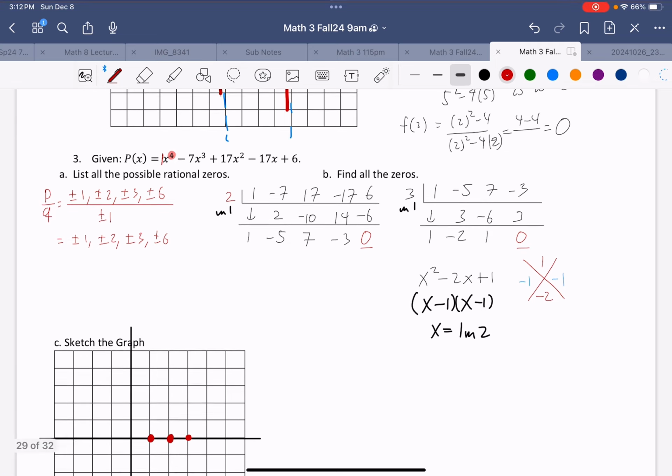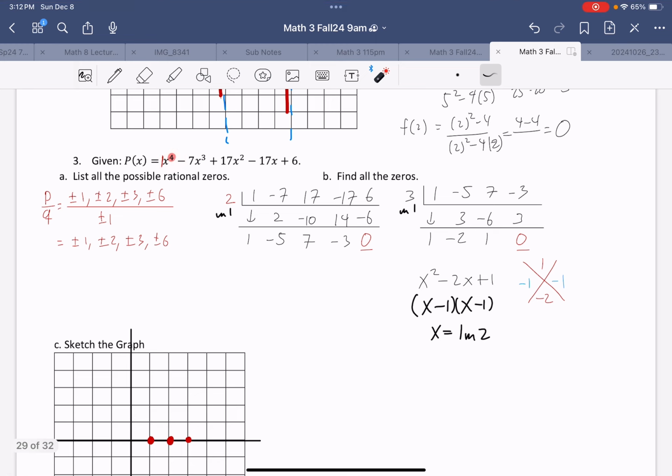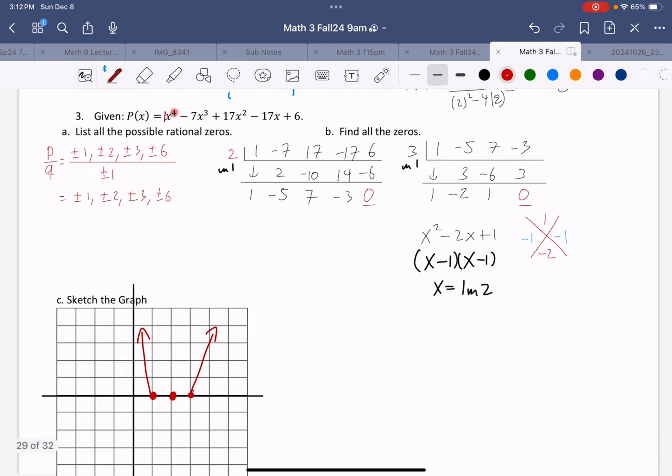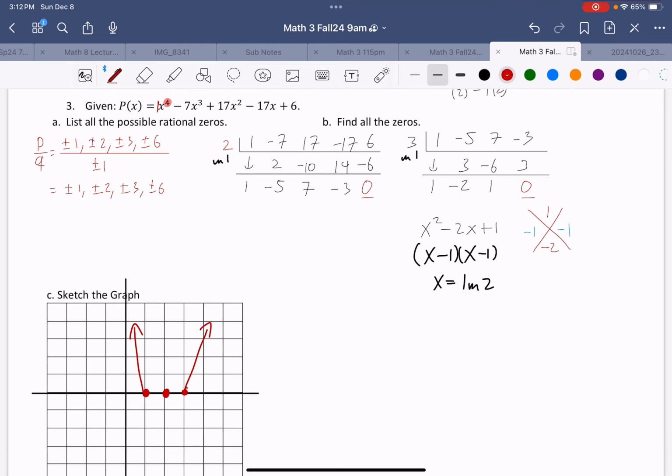And because the degree is 4 and the leading coefficient is positive, I know my graph is going to go up on both ends. At 1, it actually only touches the graph and it goes back up because it has multiplicity 2. But 2 has multiplicity 1, so I'm going to go through the graph.